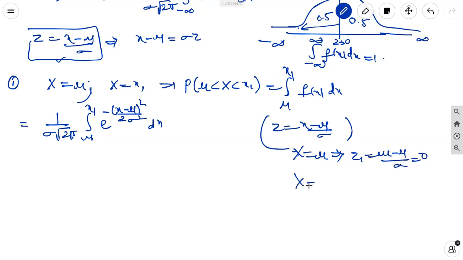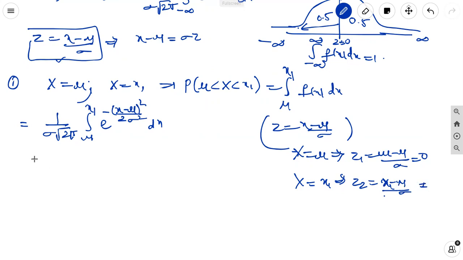And when x is equal to x1, z2 is equal to (x1 minus mu) by sigma.